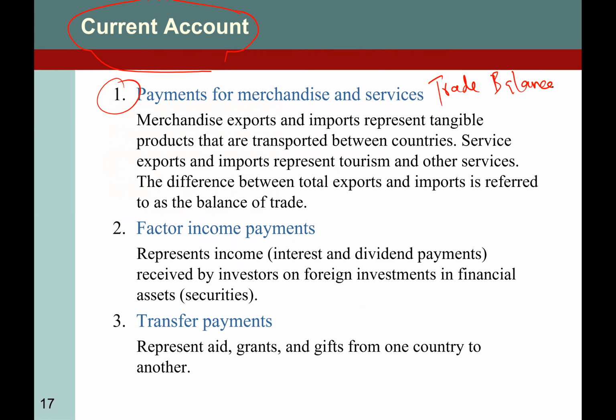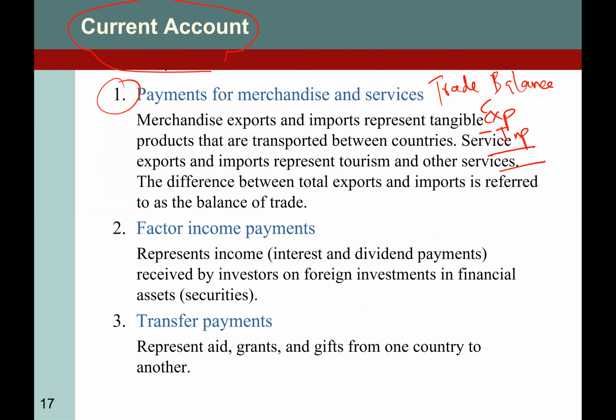That is not the balance of payment, that is trade balance, which includes the exports minus imports, the net effect, right?